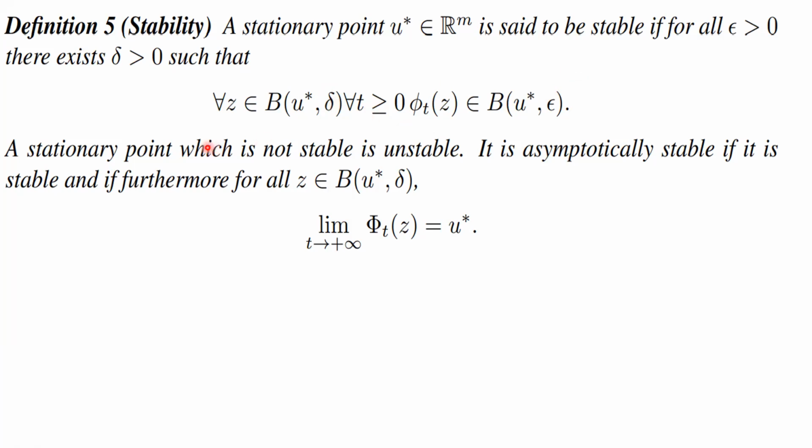And a stable point which furthermore satisfies that the trajectory converges to u star, the stationary point, when t goes to plus infinity, is asymptotically stable. A stationary point which is not stable is called unstable. So now we can do the combination, because if a node is stable, you have a stable node, etc.